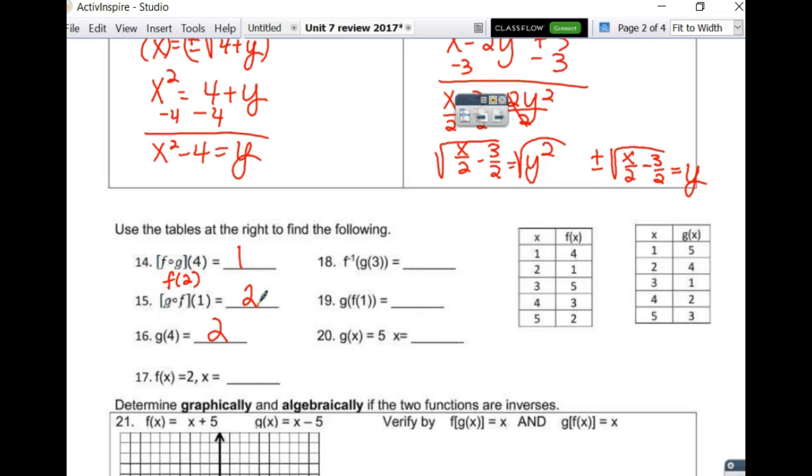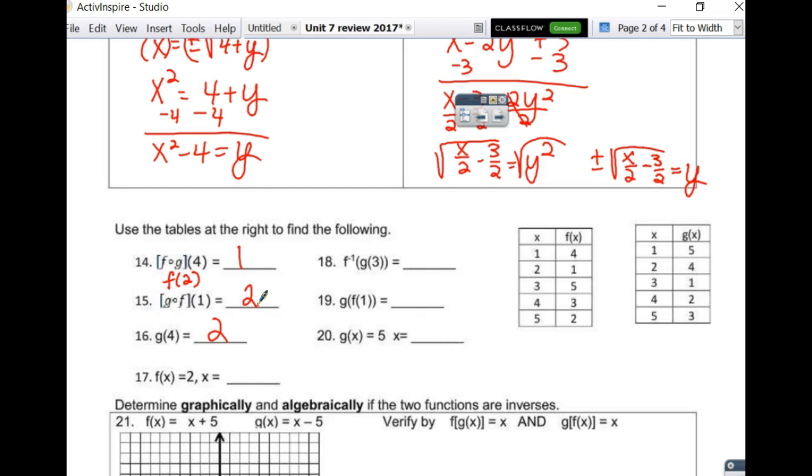You need to write in 17 because there's one like this on the test. So what's the difference between 16 and 17?